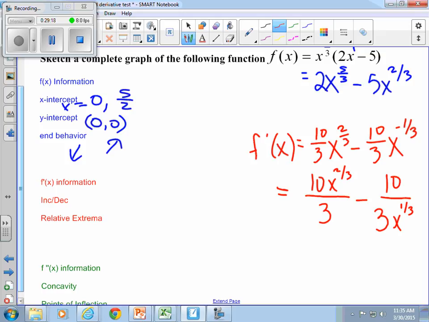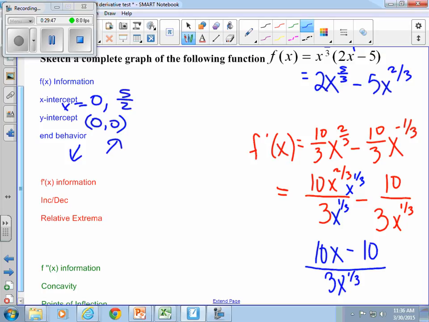To add these together, I do need a common denominator. What does the left-hand fraction need? Which, in a weird sort of way, turns out really nice. Why? Good. I just end up with 10x on this piece. 10x minus 10 over 3x to the 1/3.